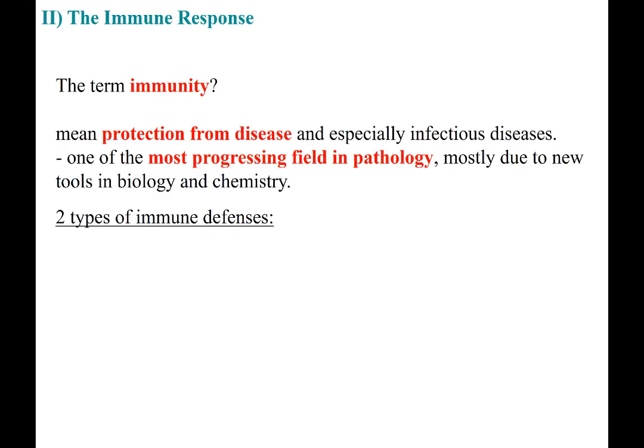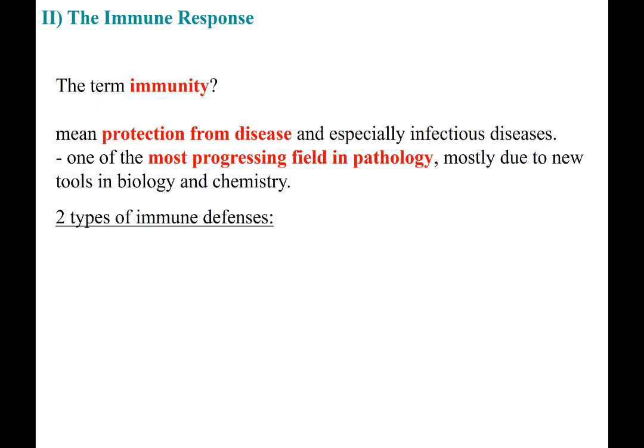And the first thing I would like to define is the term immunity. This is obviously something you know, and you've heard before. But I want you to also make sure you understand the specificity of the idea of immunity. So it means that you are protected from a disease.